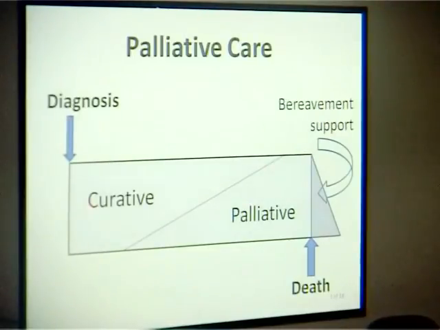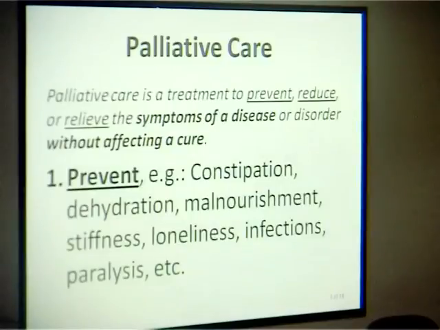But as the disease progresses, less and less of the curative interventions occur, and more of the palliative care interventions occur until the point of death. And ideally, even after death, bereavement support continues to happen to the surviving family, spouses and children.